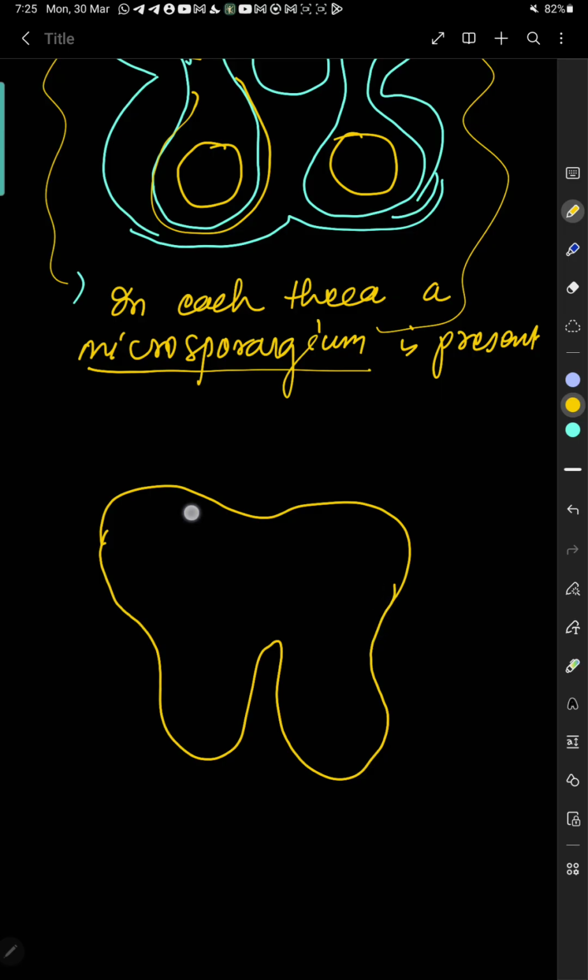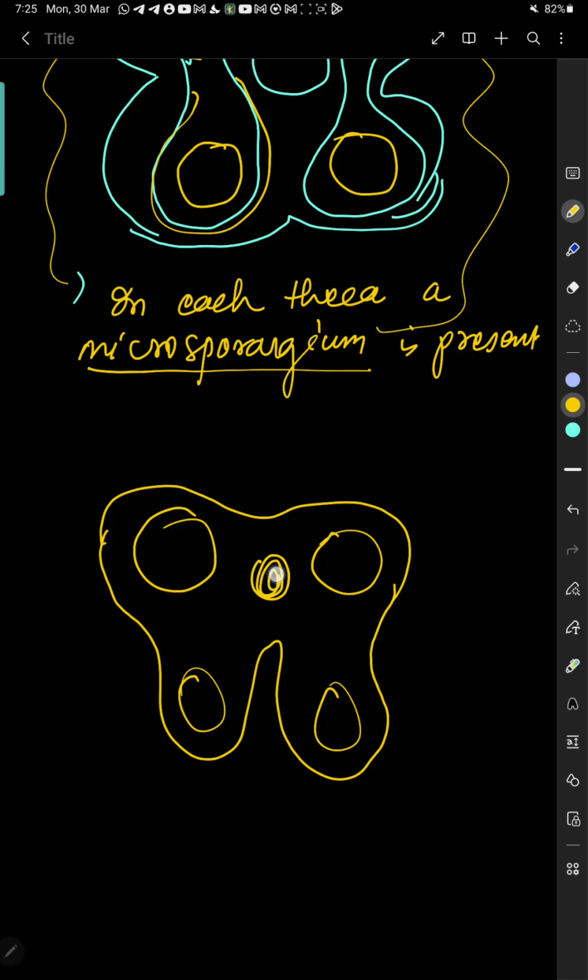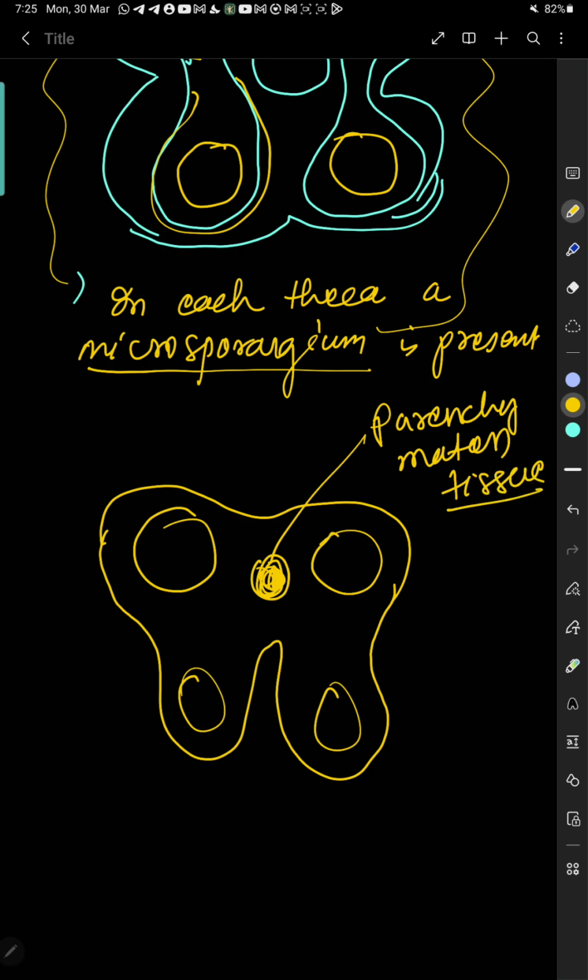Here I have drawn a diagram which consists of parenchymatous tissue, and this tissue helps in connecting the two lobes.